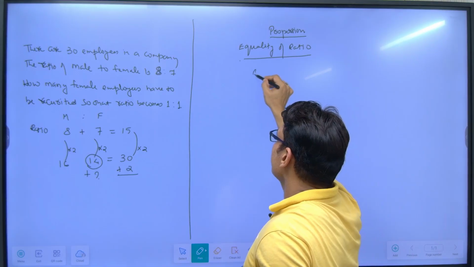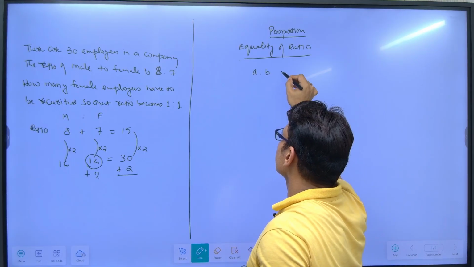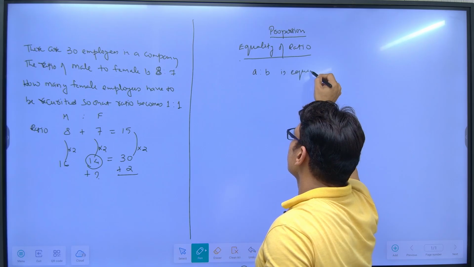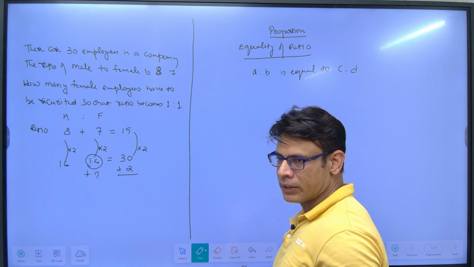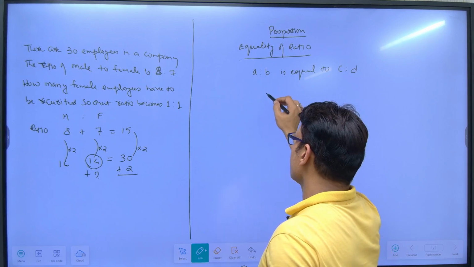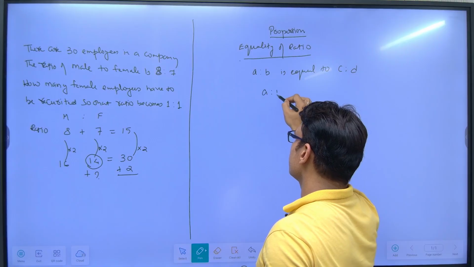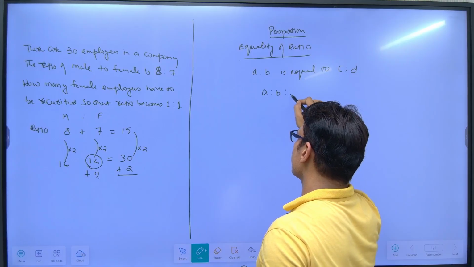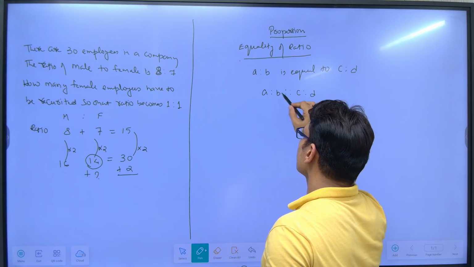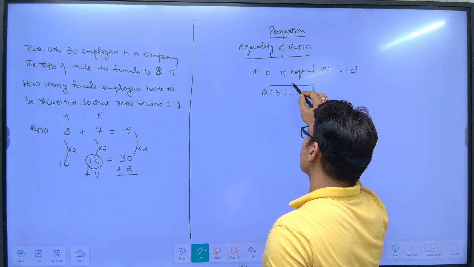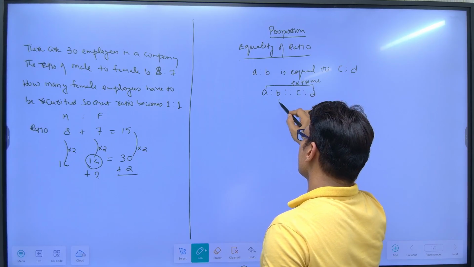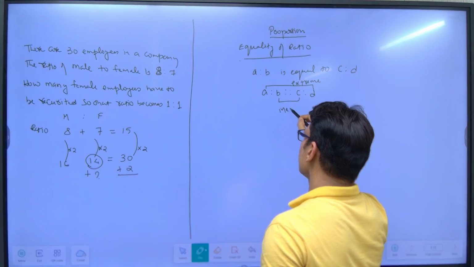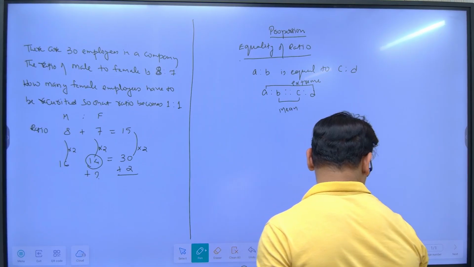Okay, so if A is to B is equal to C is to D, right? Then we say that they are in proportion. And how we write this? We write A is to B is in proportion with C is to D. So here A and D are called extreme values. B and C are called mean values.